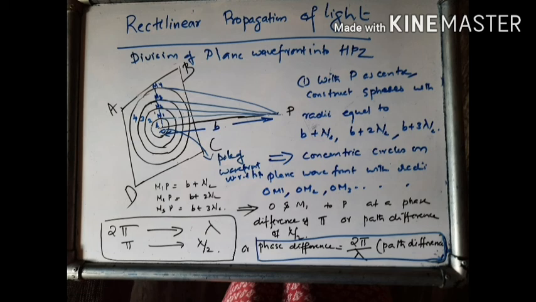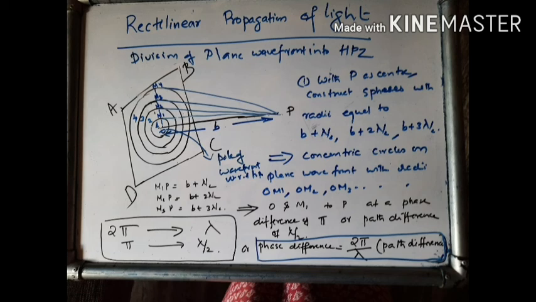Here we are considering the center of the screen, let it be P, and we are dropping a perpendicular from P to O such that O is the pole of the wavefront with respect to the point P. And that distance we are considering as b.